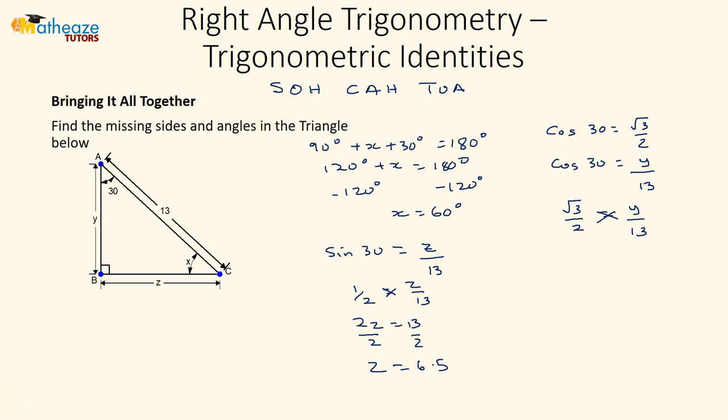So, we're going to take a cross product. 2y is equal to 13 square root of 3, and you divide by 2, you get y equal to 13 square root of 3 divided by 2. And so that's how we find the values of x, y, and z.